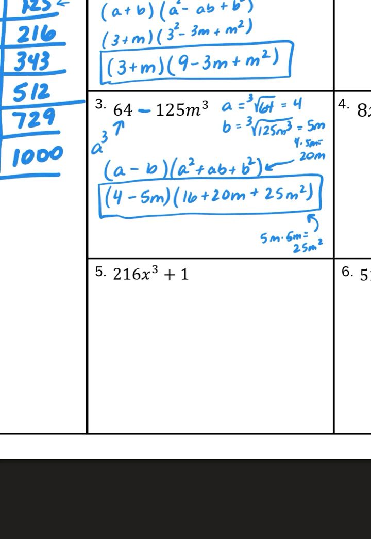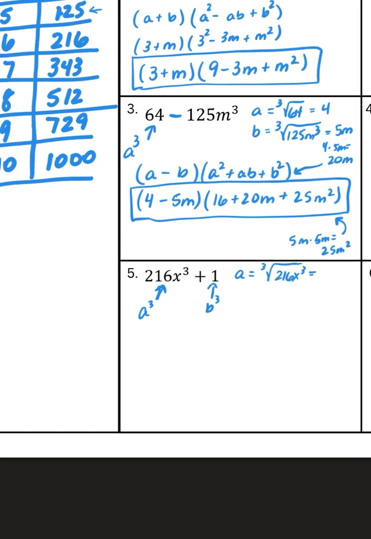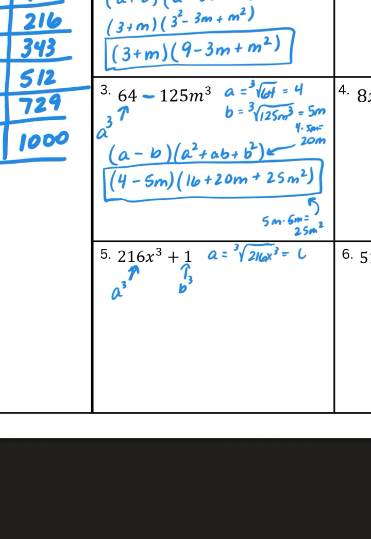Okay, one more. So here's my A cubed. Ooh, there's my B cubed. So A is the cubed root of 216x to the third. 216 is 6 cubed, so that's going to be 6x. B is going to be the cubed root of 1, which is just 1.